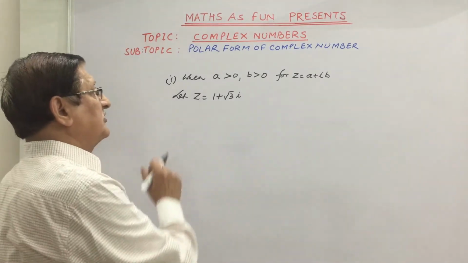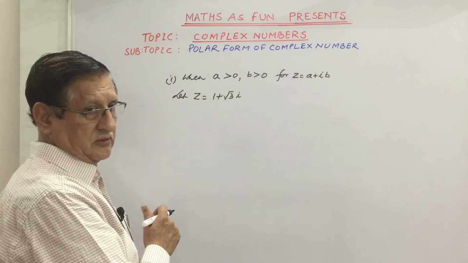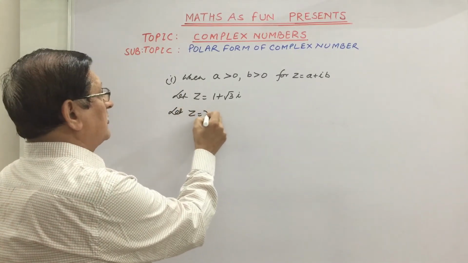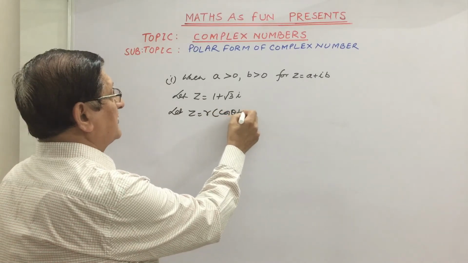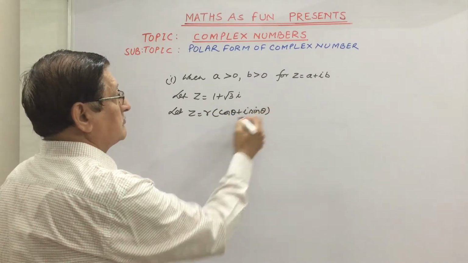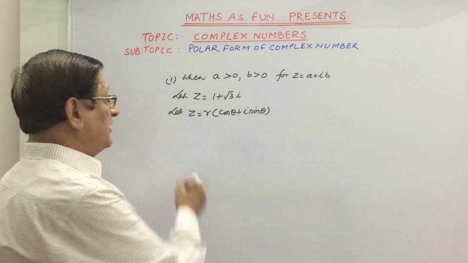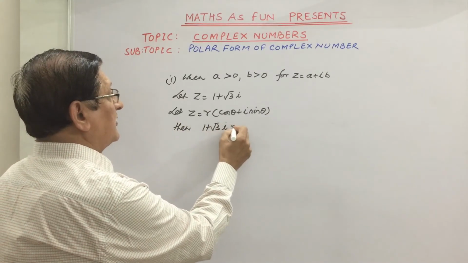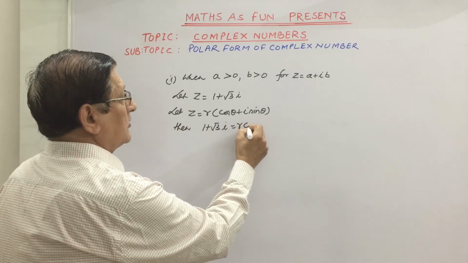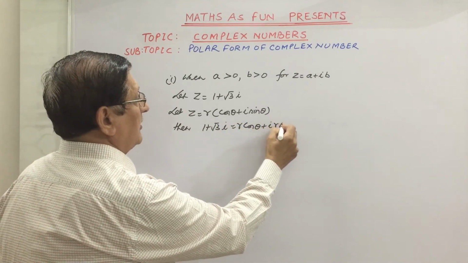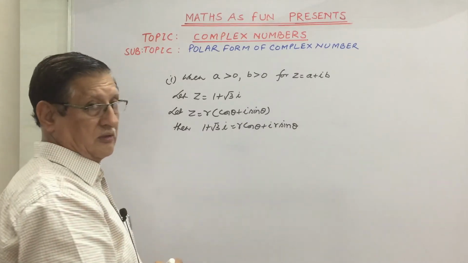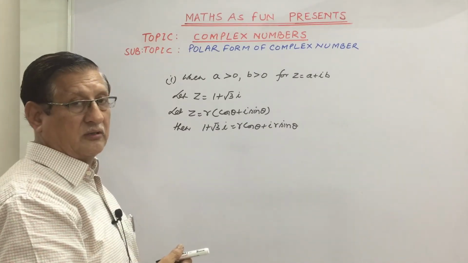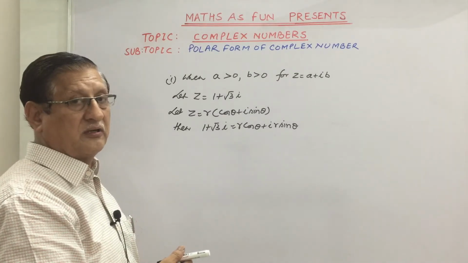The same question we can do by one more method, that is we can write, let z is equal to r cos theta plus iota sin theta. Then we know that 1 plus root 3 iota is equal to r cos theta plus iota r sin theta. And we know two complex numbers are equal if their real and imaginary parts are separately equal.